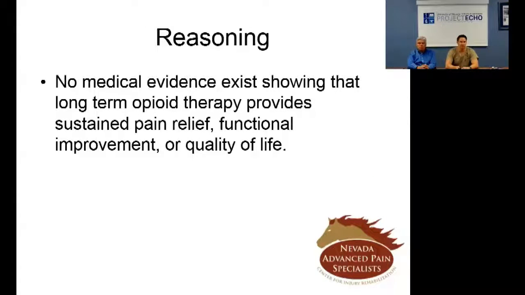The reasoning behind this, what the CDC states, is that there is no medical literature or evidence showing that long-term opioid therapy provides sustained pain relief, functional improvement, or quality of life to patients.